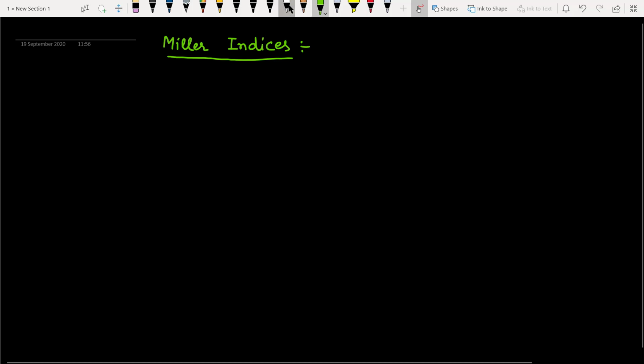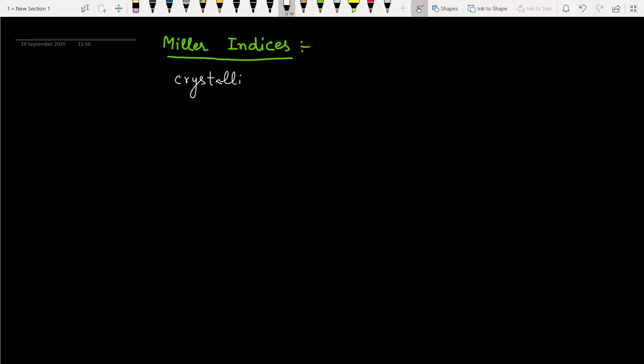So when we come to crystalline solids, we say the properties of crystalline solids are anisotropic.